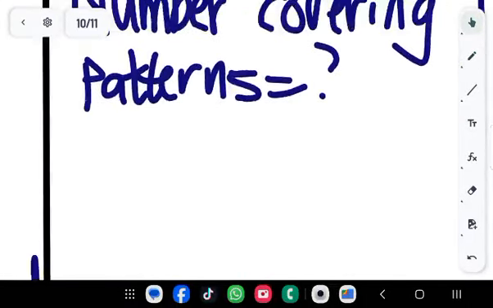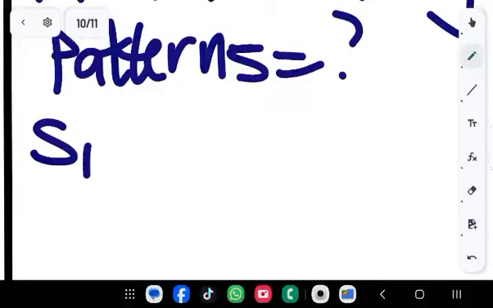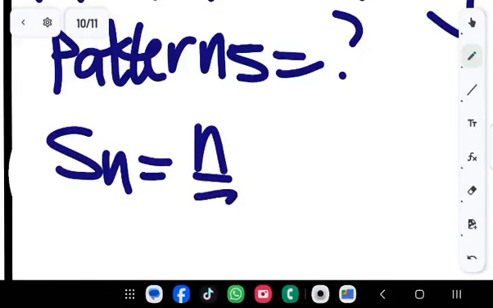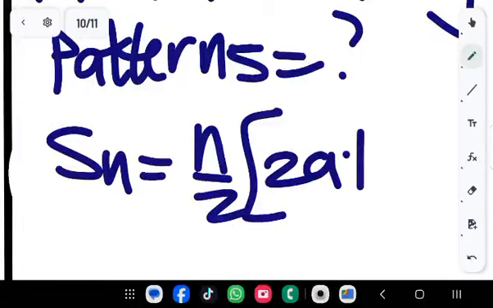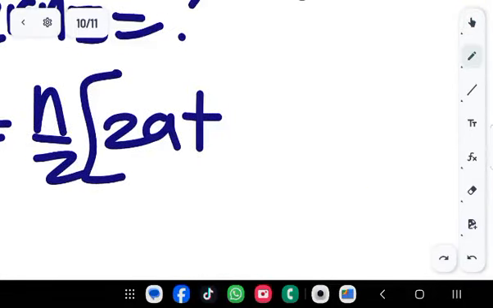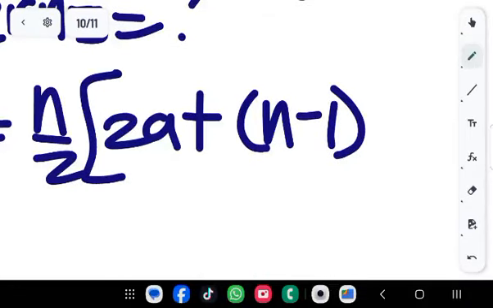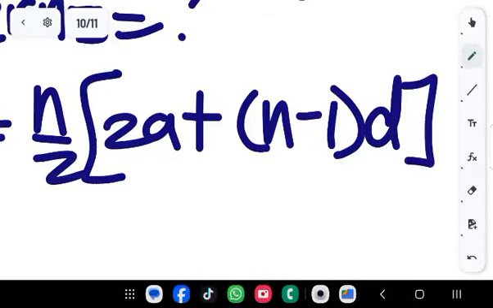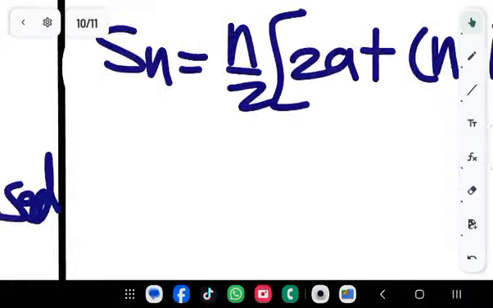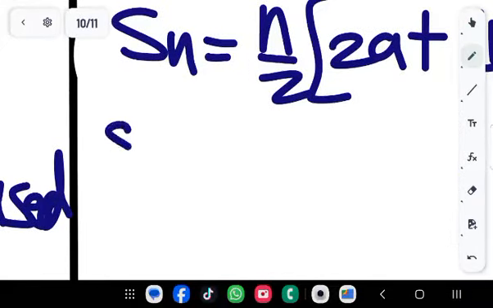So we're going to look for the sum of the first 100 terms. Remember, this is a linear pattern, so the sum of the first n terms will be n over 2 times (2a plus ...). Of course, we're cheating here, I'm showing you what you're going to be learning next year and in grade 12. But why not learn now? So we're looking for the sum of the first 100 patterns.